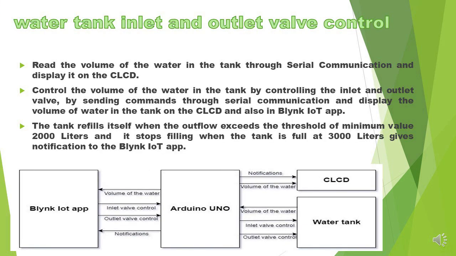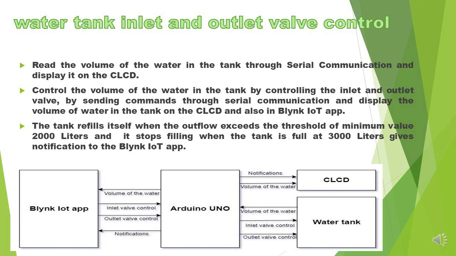And then water tank inlet and outlet valve control. Read the volume of the water in the tank through serial communication and display it on the CLCD. Control the volume of the water in the tank by controlling the inlet and outlet valve by sending commands through serial communication, and display the volume of water in the tank on the CLCD and also in the Blynk IoT app.